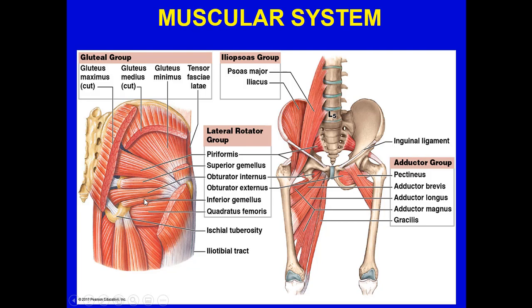The inferior gemellus here, the quadratus femoris here, the ischial tuberosity, of course, is right here, and we have the gracilis here, the adductor magnus, which is here and here. Okay, so it's hidden partly behind the adductor longus and the adductor brevis. Okay.